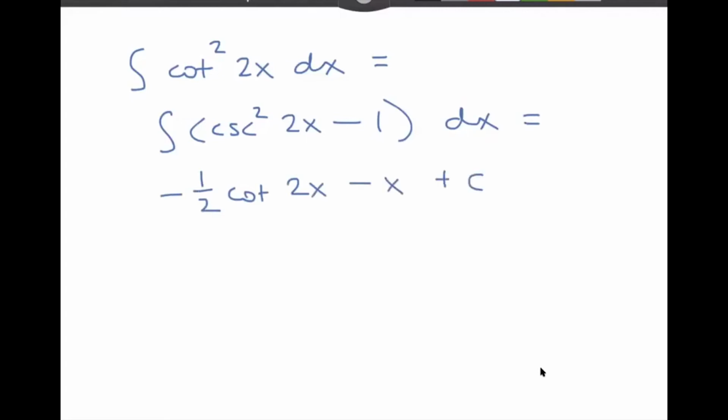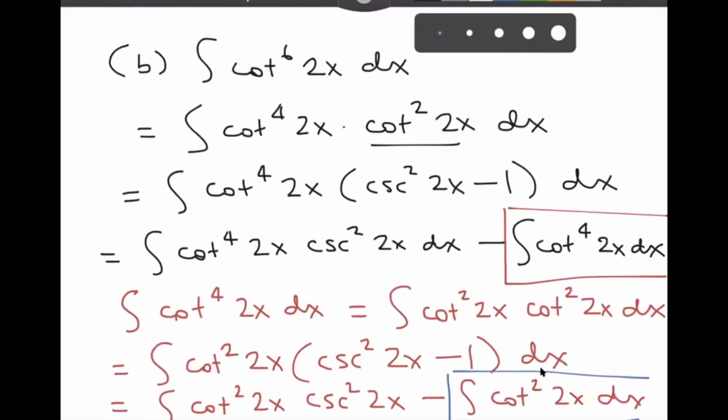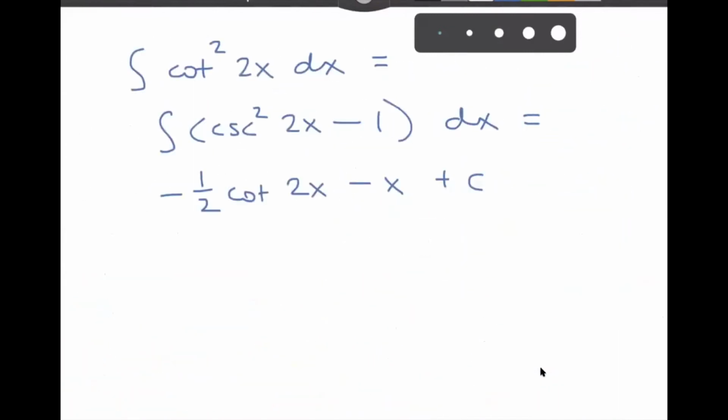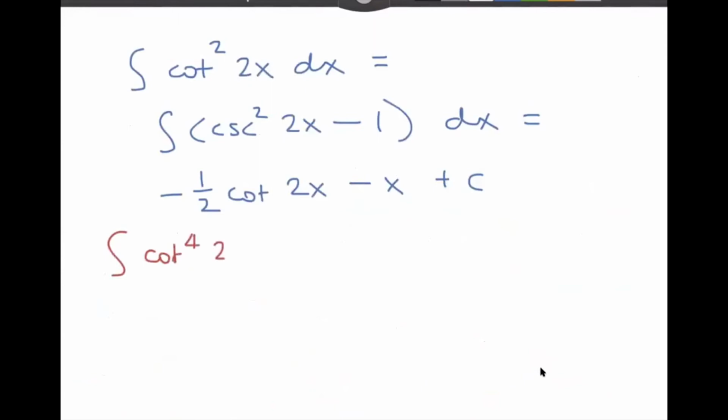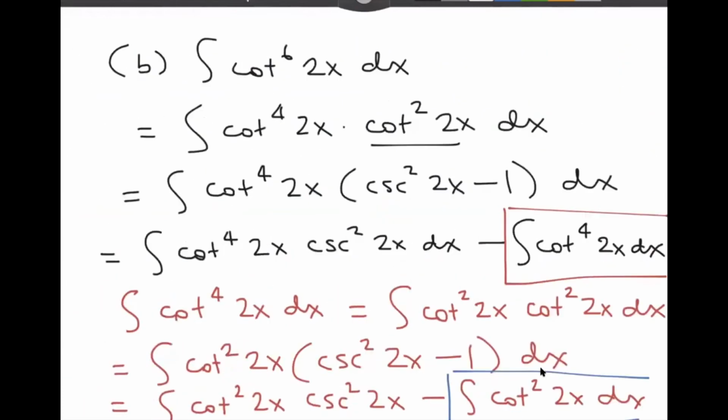All right, so now, let's go back to the red integral. We'll work our way back to the beginning. So the red integral was cotangent to the 4th. What we have is the integral of cotangent to the 4th 2x, and I'll get that from this line down here.